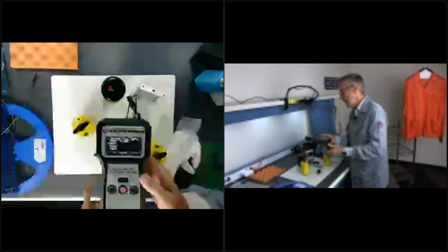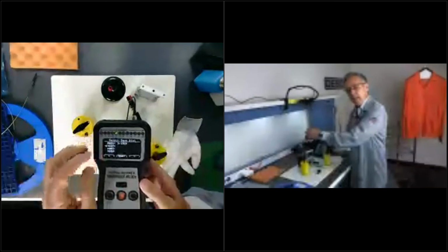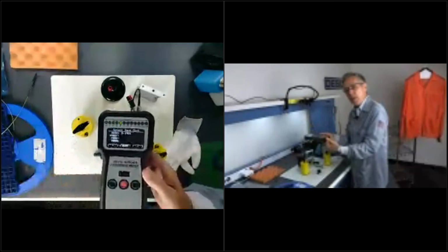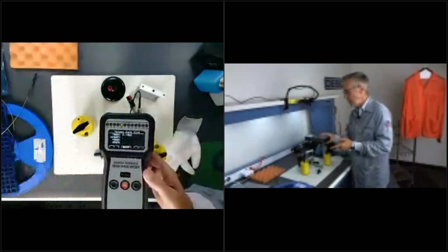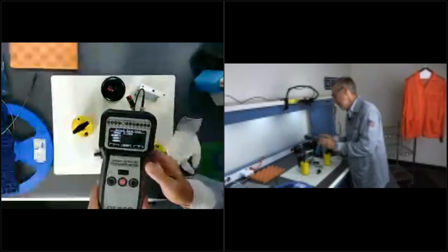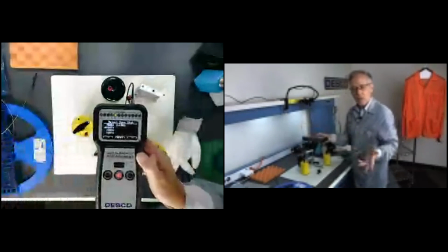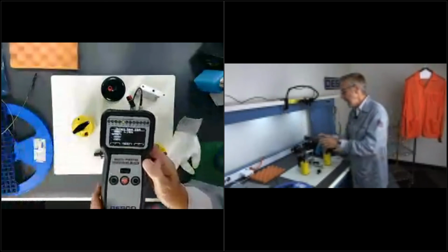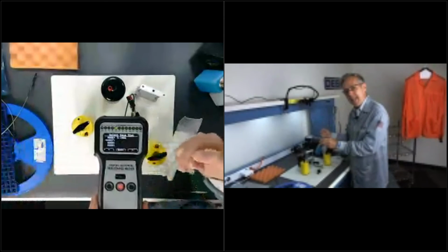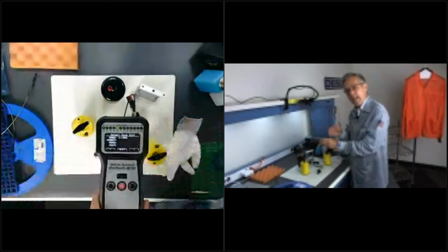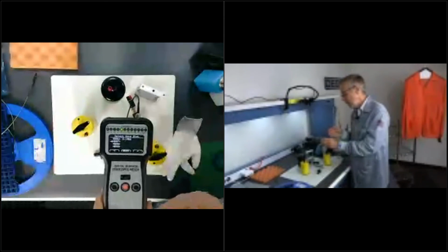I can save that test to the memory, and this tester has enough memory to record 100 test measurements. You'll see there are also numbers, memory 1, memory 2, memory 3, etc. Each time you save a test, it will assign it to the next available memory section.